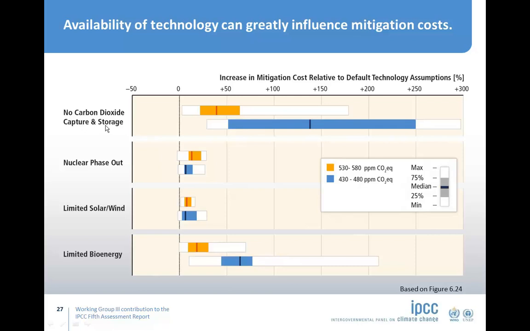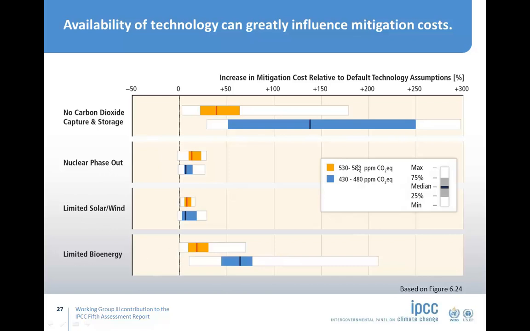Capture and storage, in other words, technologies that allow you to capture the greenhouse gases and lock them away so they don't make it into the atmosphere. Here we've got the nuclear phase out, here we've got solar and wind, and here we've got bioenergy.